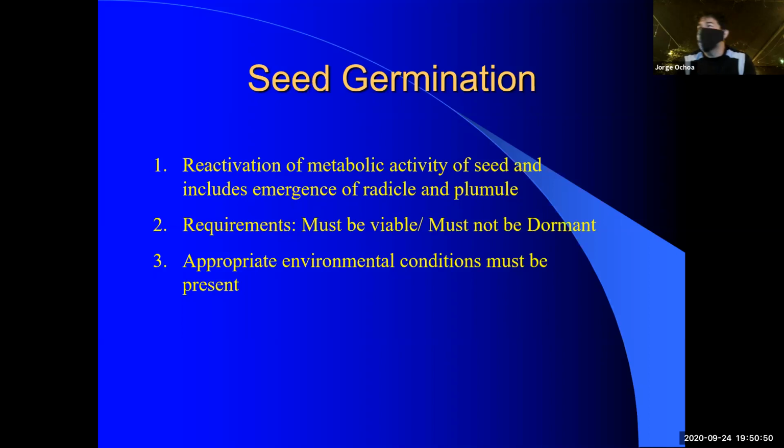And the appropriate environmental conditions need to be met, and that will depend on the different seeds and where they came from, and whether or not they need to go into the fridge for a cold period, or they need to be dried out, or in many cases they need to go through a fire.